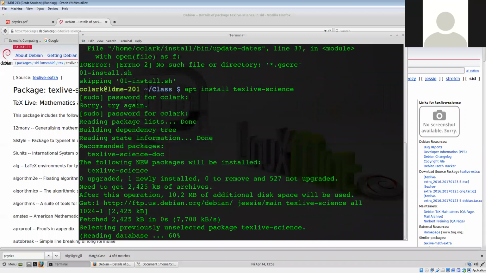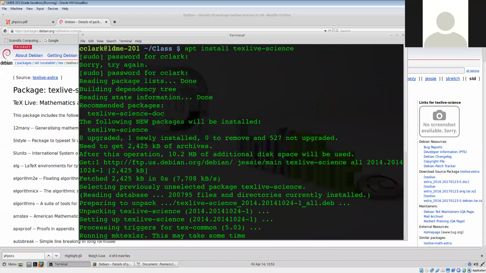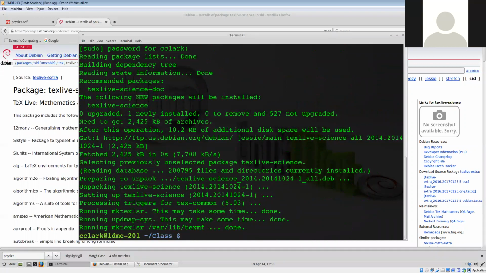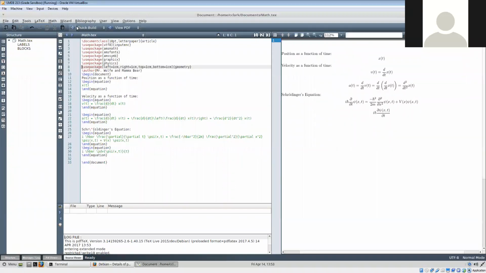So this is a package manager package that contains a bunch of extra LaTeX packages that are useful for science stuff. Can't believe that got through. How did we not install that when we installed everything else? Now let's see if that works. And it does.